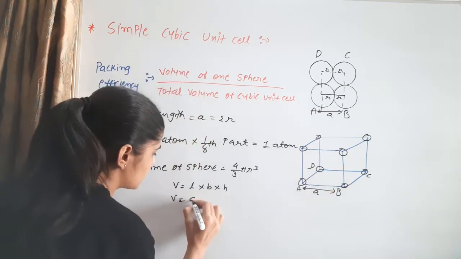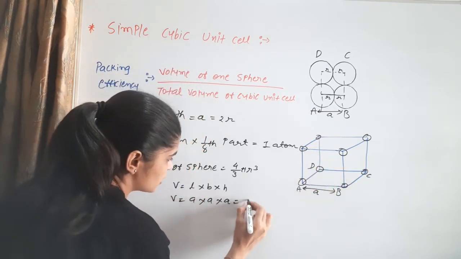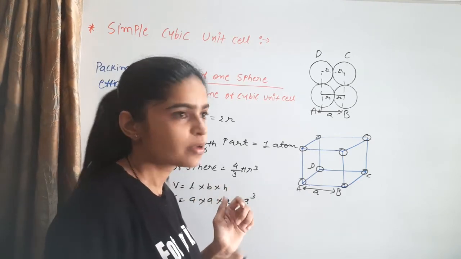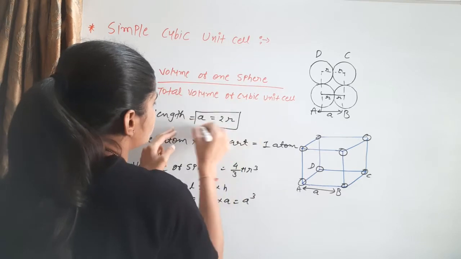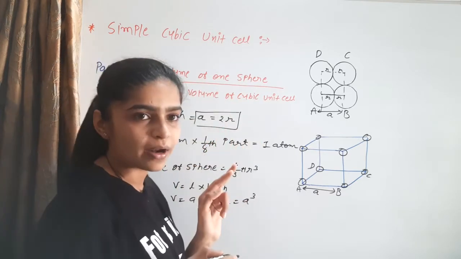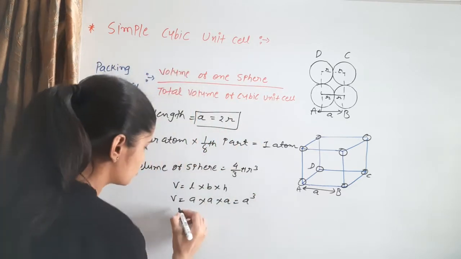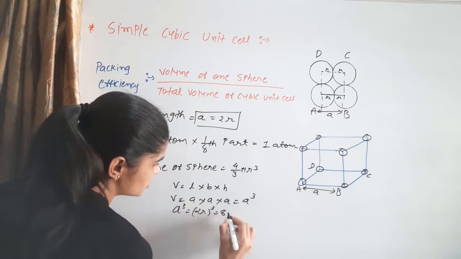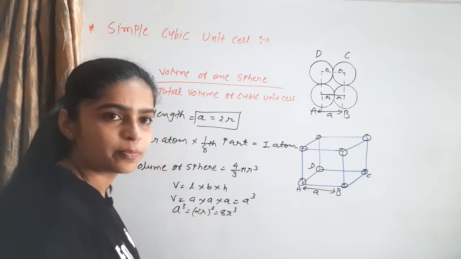So we write a times a times a is equal to a cubed. How to find a cubed? We know that a is equal to 2r, so a cubed is equal to (2r) cubed, which is 8r cubed.